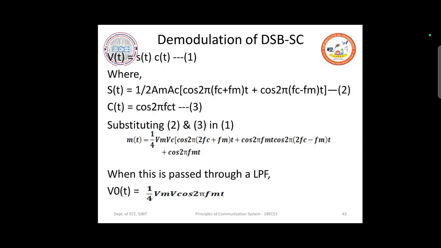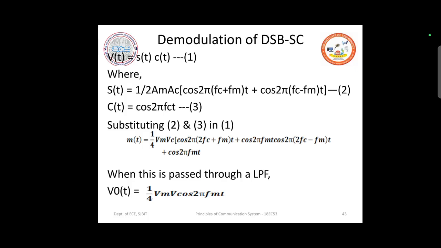When you do that, you will have 1/2 Am Ac into [cos 2 pi (fc plus fm) t plus cos 2 pi (fc minus fm) t], which when multiplied with cos 2 pi fc t, what you will get is 1/4 Am Ac into cos of 2 pi (2fc plus fm) t, which is a high frequency component, cos 2 pi (2fc minus fm) t, plus cos 2 pi fm t.